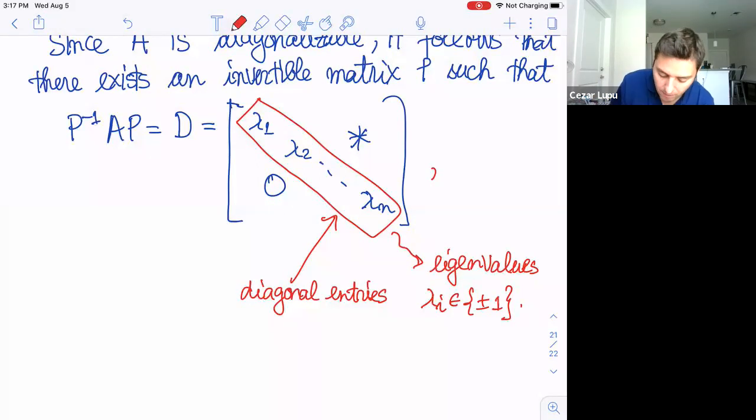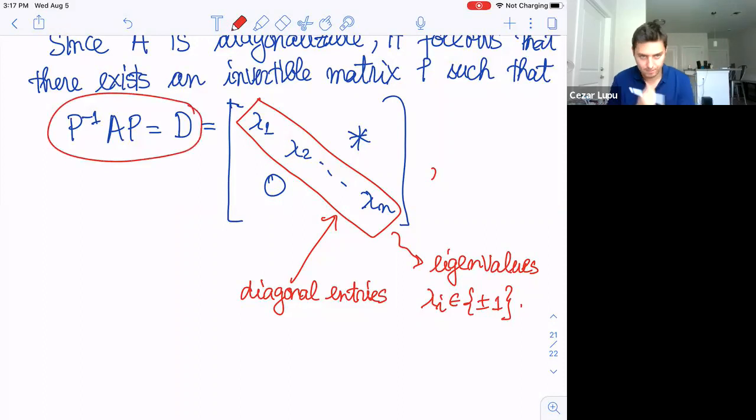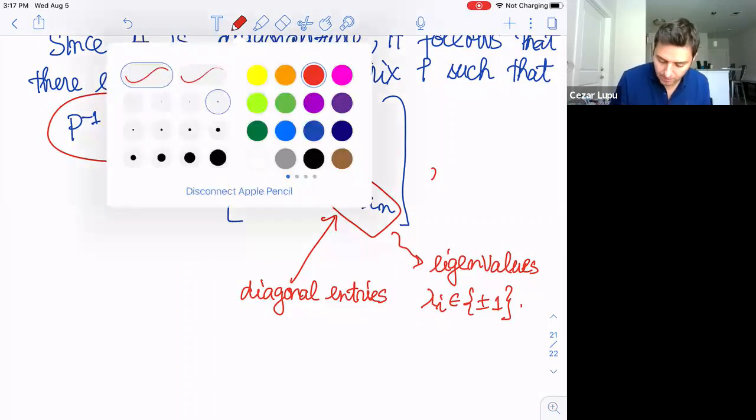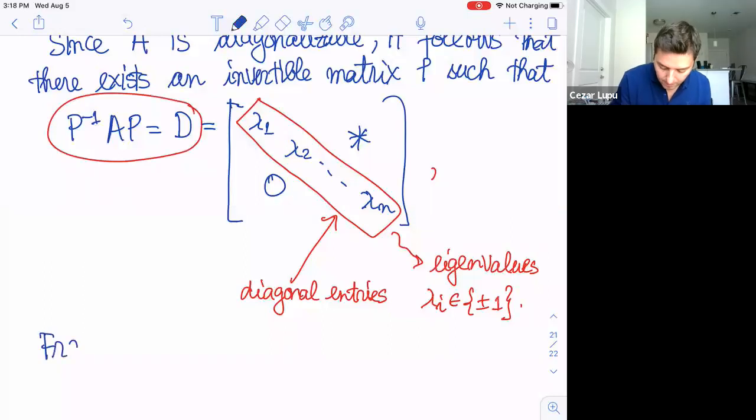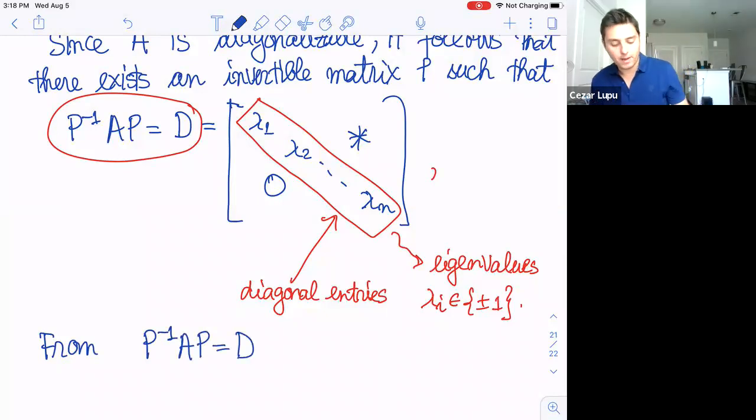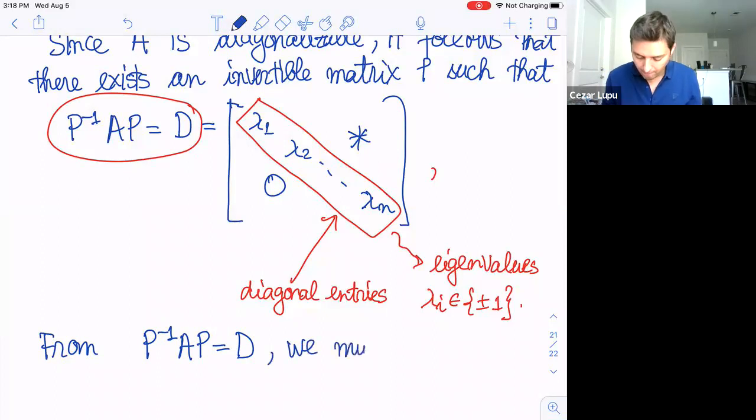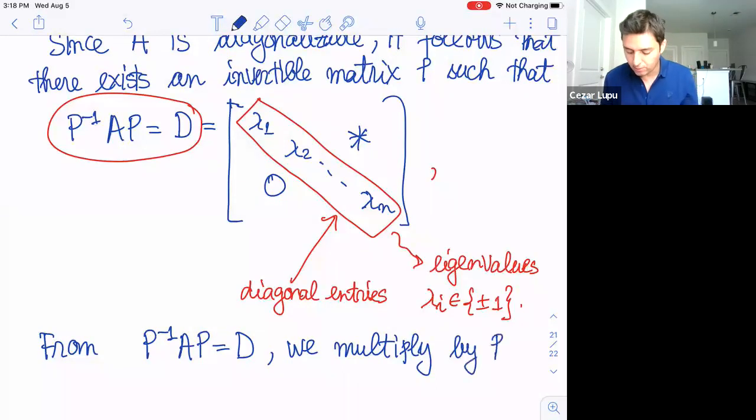The question is, from this relationship right here, can we write A? Well, we can. Let's look at it. From P inverse times AP equals D, we can multiply by P to the left.